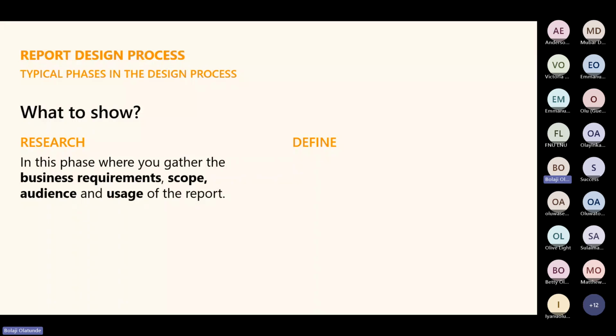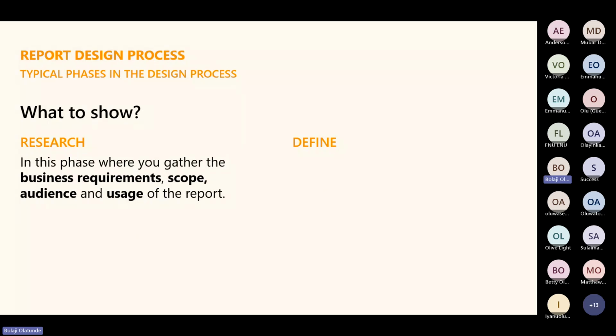But there will be things that report or that dashboard is not going to talk about. For example, it may not tell me what the sales value is of what they're complaining about. It might not, right? But your report is always going to have a scope. And it's always good to define the scope of that report at the early stage.